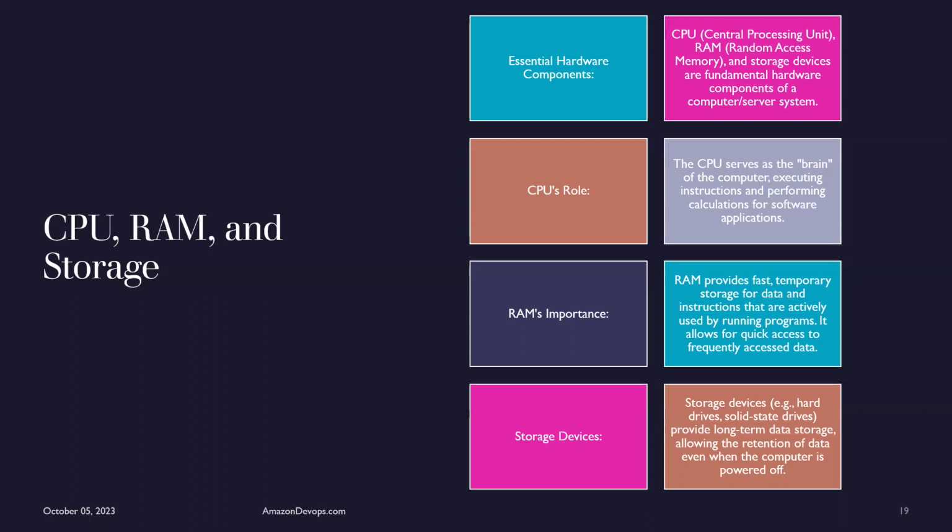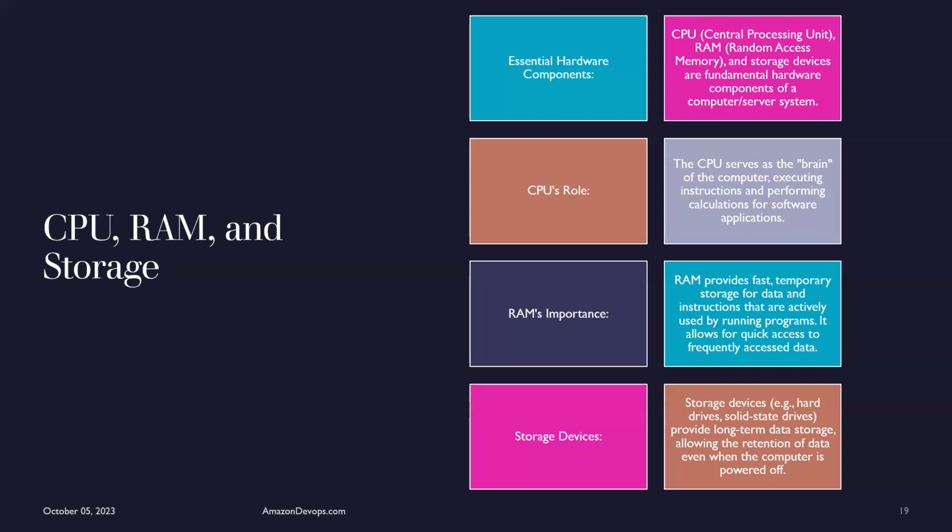What is the work of the CPU? The CPU serves as the brain of your server or computer. It executes instructions, performs calculations, and processes information that is coming to your application that is hosted inside the operating system or server itself.